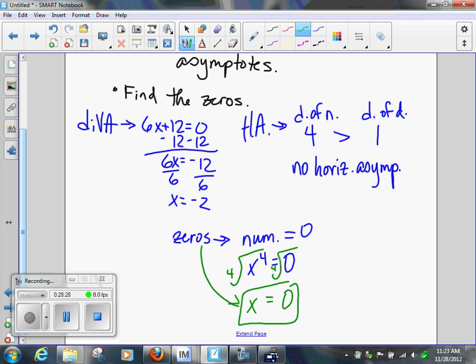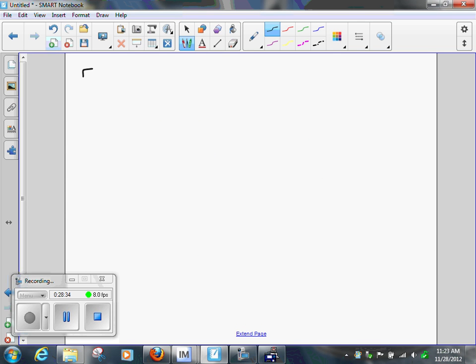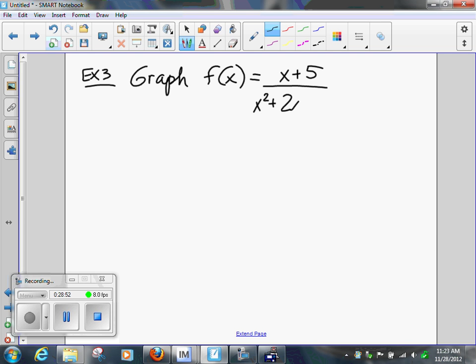Hey, let's look at another one. Things are getting ready to change a bit, right? What if we had f of x is equal to x plus 5 over x squared plus 2x plus 15.